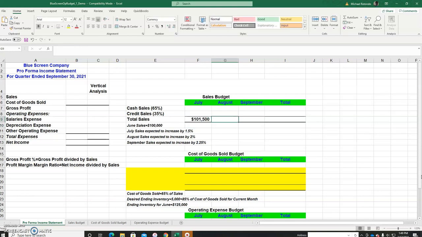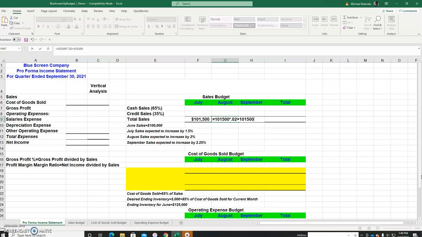For August, we can take the 101,500, and we're expecting our August sales to increase by 2%. So that's going to be 2% over July. Now we could do it the same way. We could do 2%, or 0.02, and then add back the 101,500.